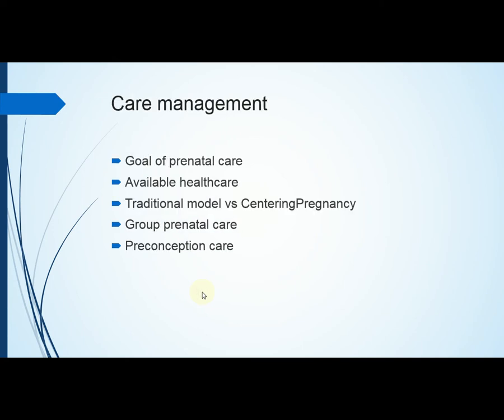The care management of pregnancy, of course, has the goal of prenatal care. We want our patients to get good prenatal care because good prenatal care has shown to have better outcomes, especially if they get that prenatal care in the first trimester. Then your book goes through that about 75% of Caucasian women in the United States get prenatal care.